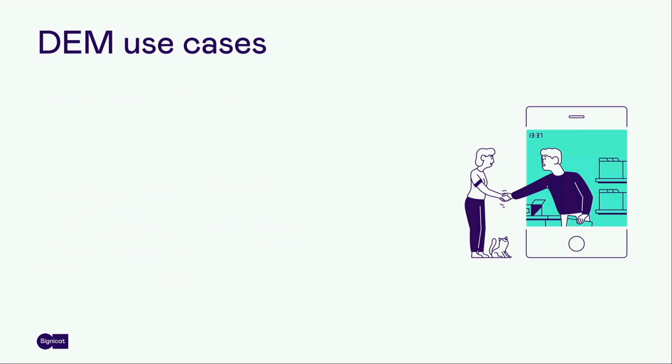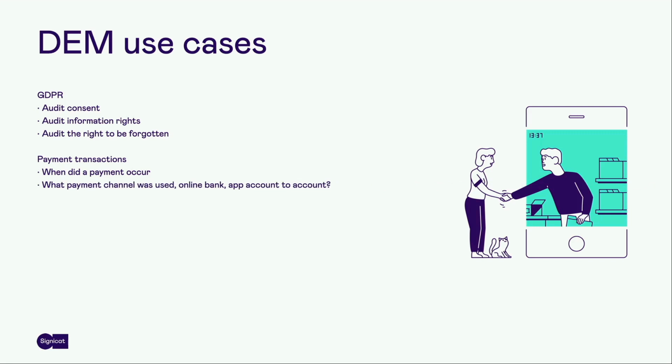So over to the DEM use cases. DEM can be used to audit consent, audit information rights, and audit the right to be forgotten. It can be used for payment transactions: when did a payment occur, what payment channel was used, was it online banking, was it account to account, did the payment trigger SCA?